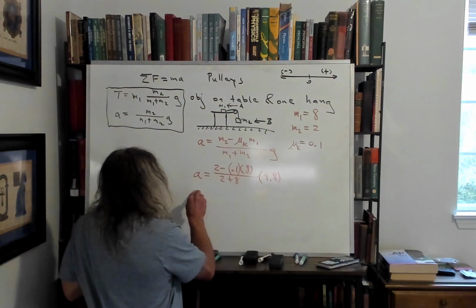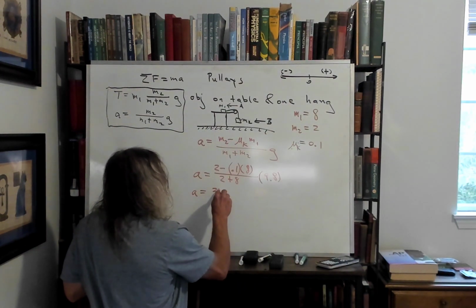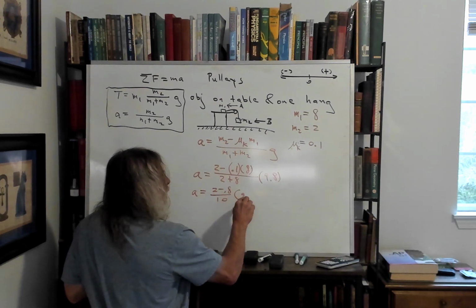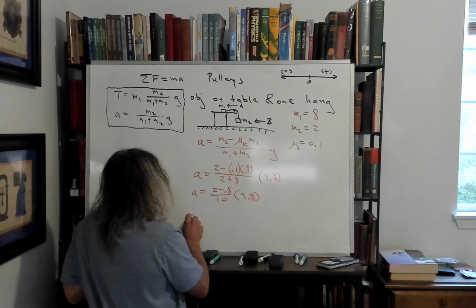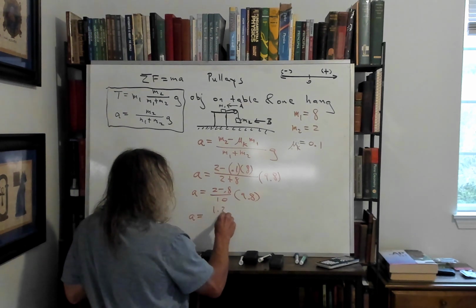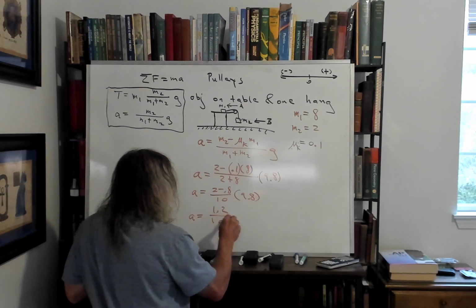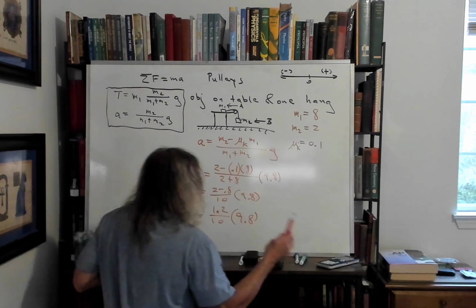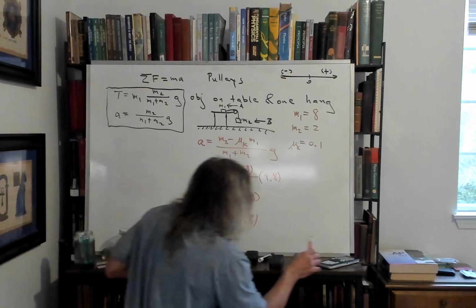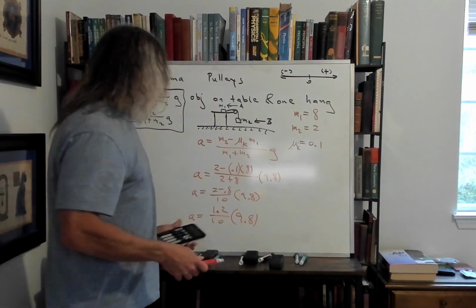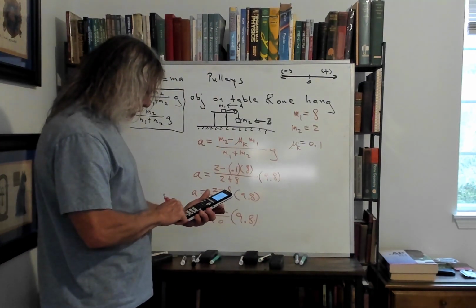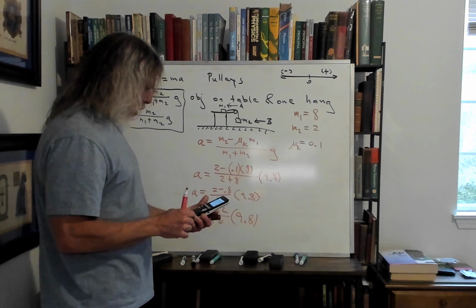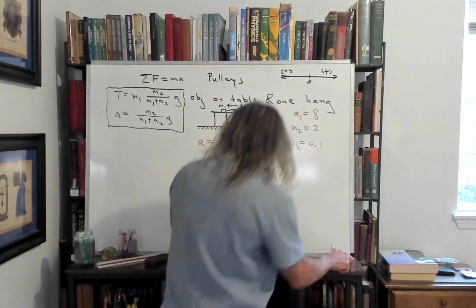So A equals 2 minus 0.8 over 10 times 9.8. A equals 1.2 over 10 times 9.8. Then that's going to be 0.12. 0.12 times 9.8. 1.18 approximately.